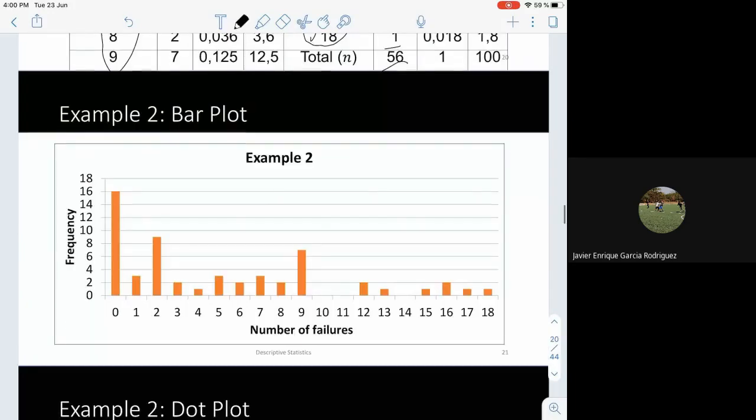So we can get the same bar plot here. Remember that the bar plot shows the frequency of each outcome. The height of each bar represents the number of occurrences. So here, for the variable equal to 0, we have 16 occurrences, right? That comes right from our table.